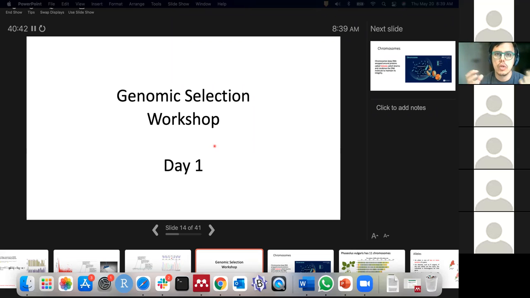You are not just going to cross the best with the best, but you are going to cross the lines that are best for the phenotype you are interested in, while also taking into account the diversity between those lines. We are going to talk about that later. But that is a really good point, and that is one way genomic selection can help genetic gain in the long term in breeding programs.